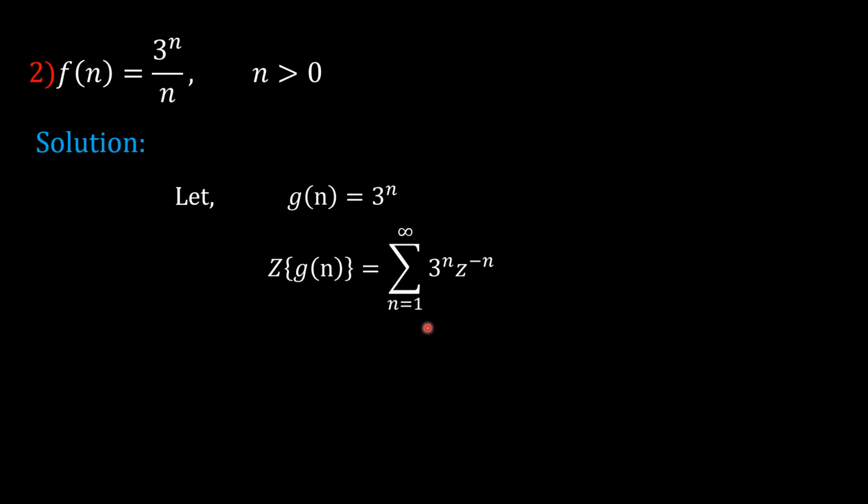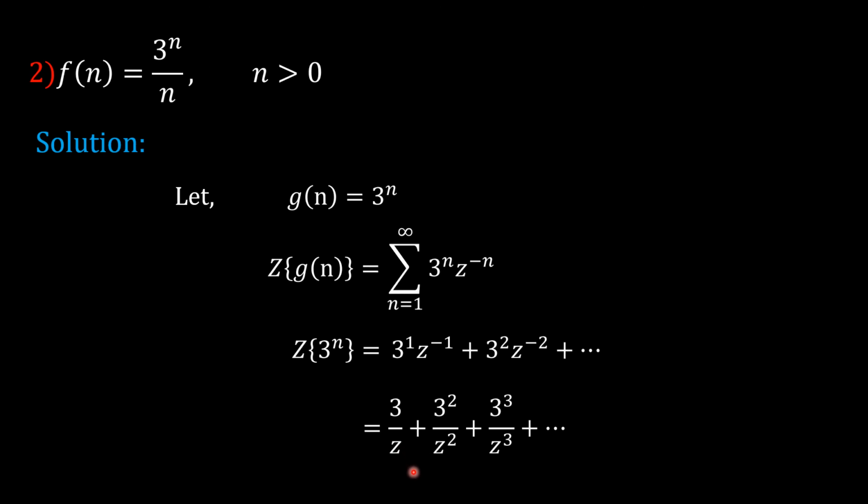Now put the values of n one by one. That will give us 3 into z raised to minus 1, the term corresponding to n equal to 1. Then put n equal to 2. That will give us plus 3 square z raised to minus 2, plus so on.